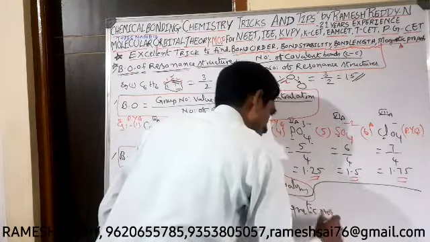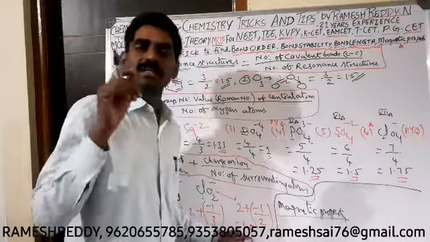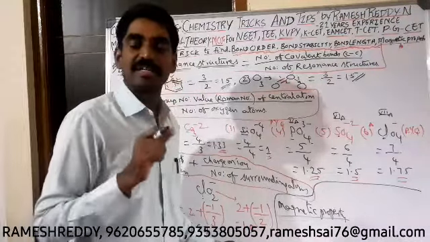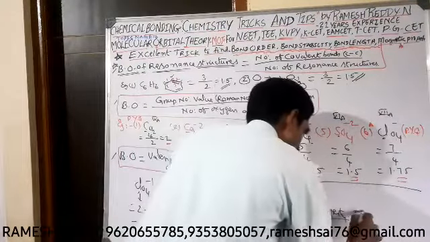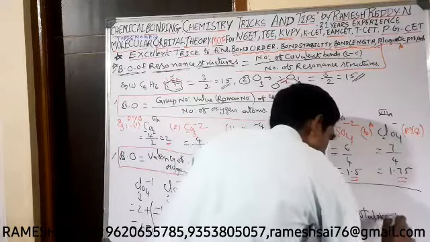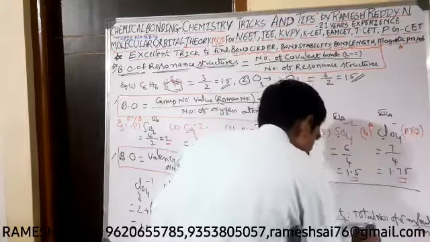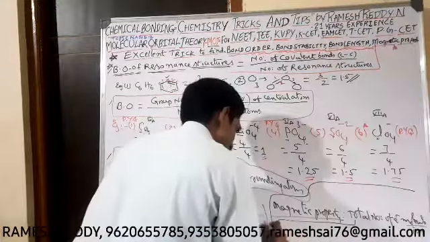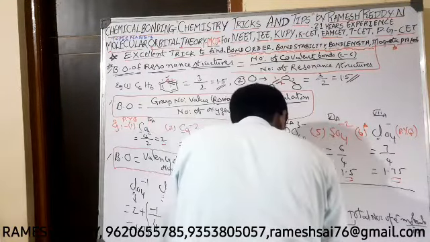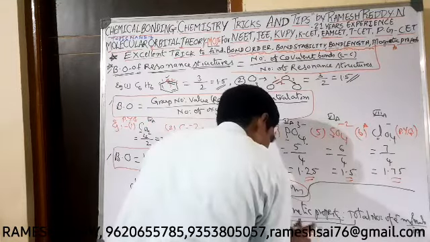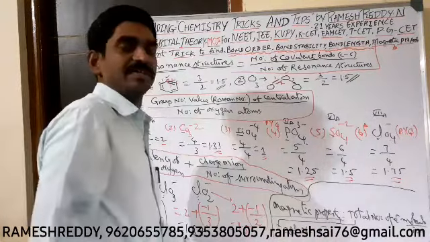You have to find the magnetic property by a simple trick: if the total number of electrons of a molecule or an ion is an odd number, then odd number of electrons is there.